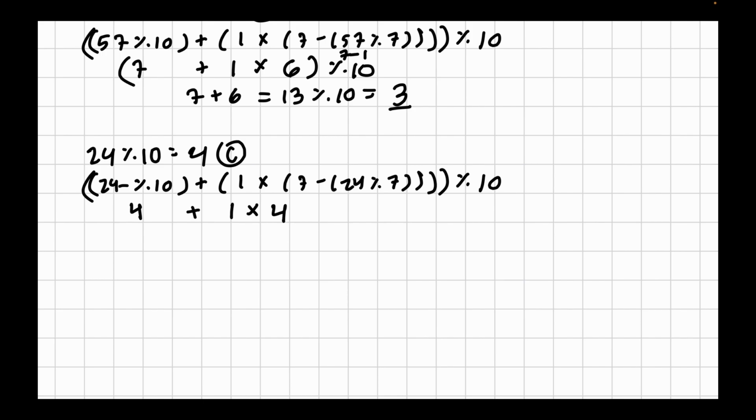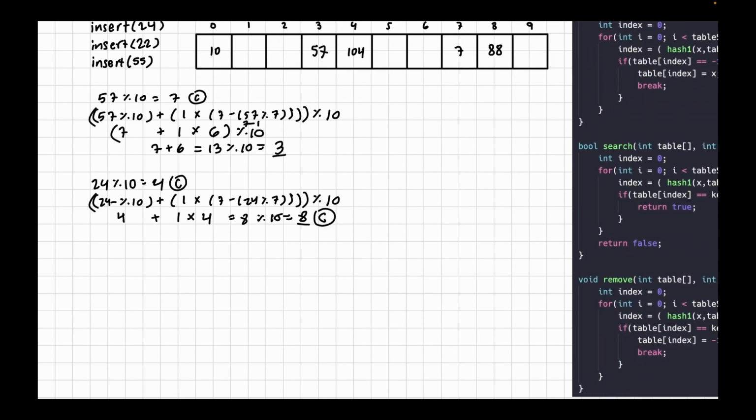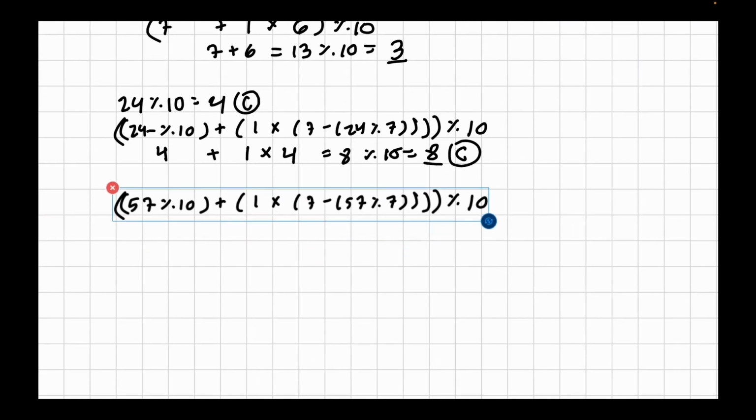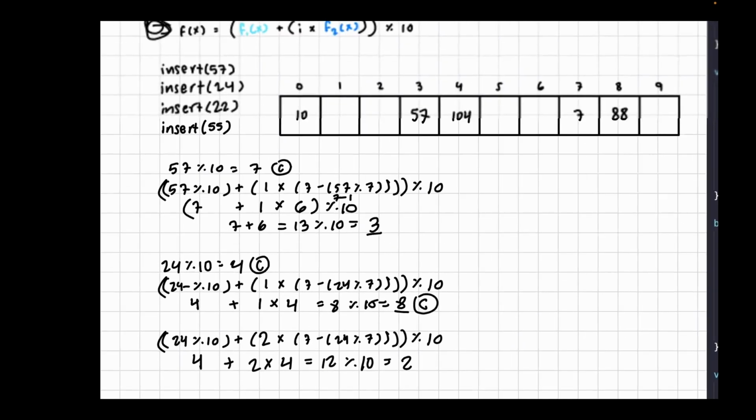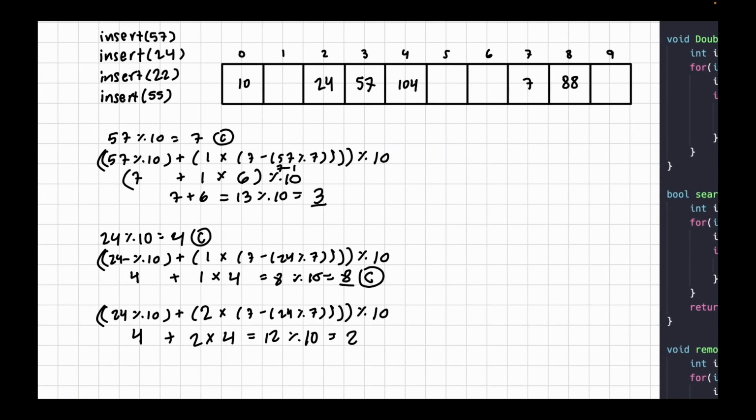So 4 plus 4 is 8, modulo 10 is 8. So there's a collision. So then we're going to do this again, and instead this will be 2. So this is 4 plus 2 times 4, that's 8, that's 12. Modulo 10, that's 2. We see that that's empty, so 24 goes here.